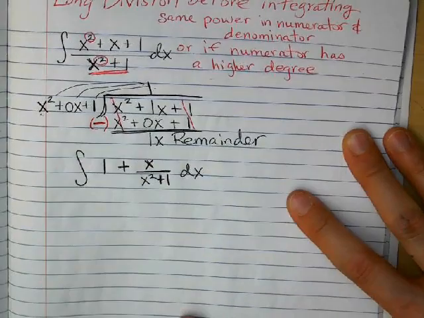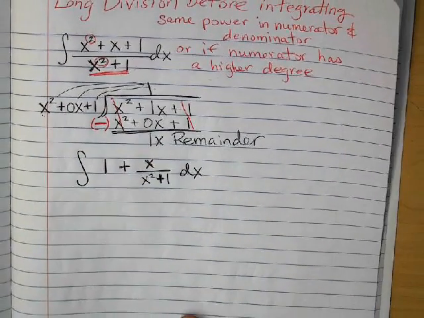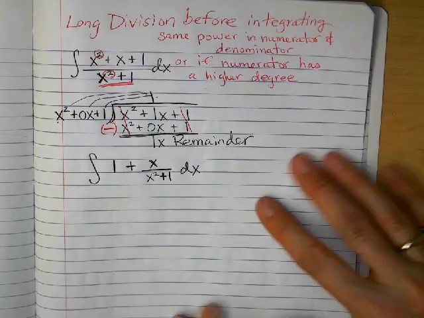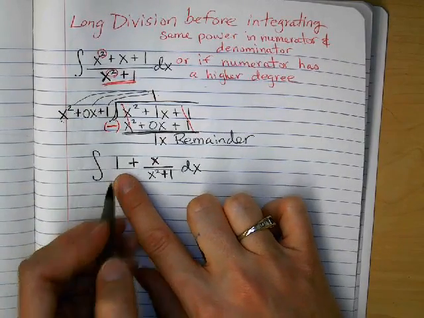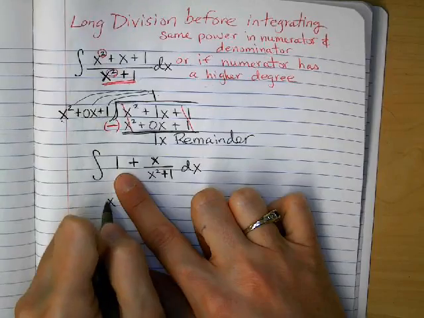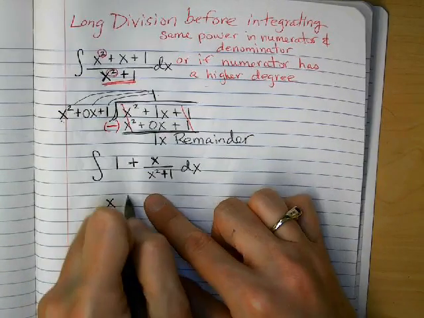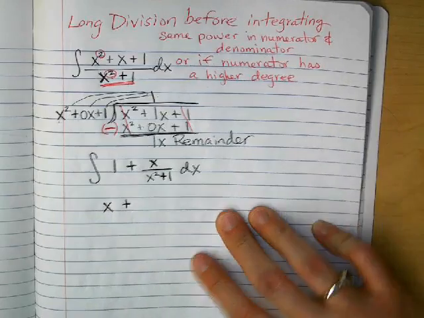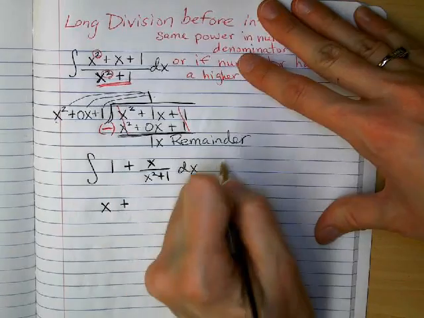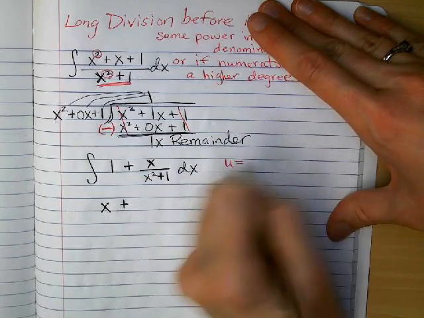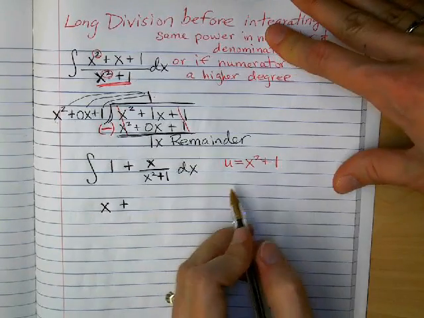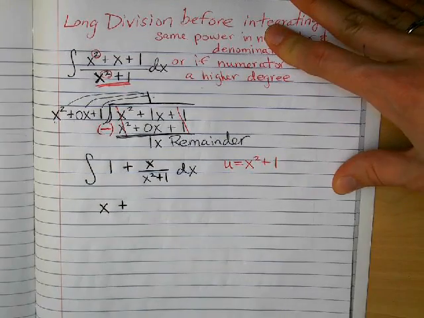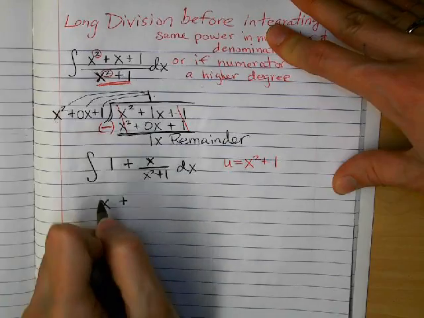Okay, how do you integrate the number 1? That'd be x. Plus, how are we going to integrate this part? Well, the bottom is the u. The bottom part, x squared plus 1, that's the u. I already integrated the first part, that's x. It's kind of like I'm doing it in two steps. So now I'm trying to integrate this.